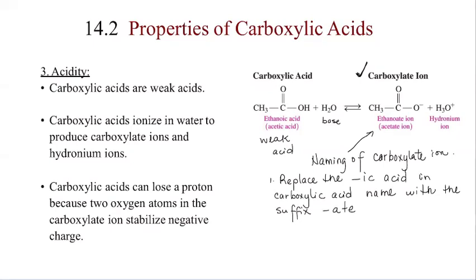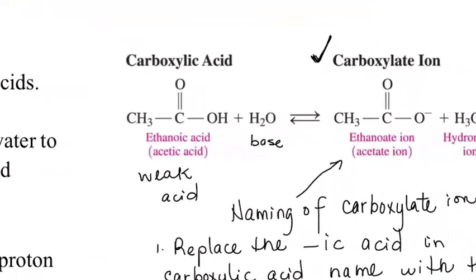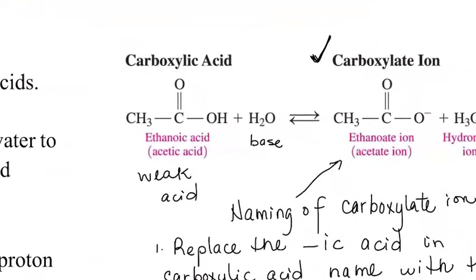So when we look closely here, we have ethanoic acid. The carboxylate ion that comes from ethanoic acid is called ethanoate, because again, we remove the "ic acid" and we put "ate" at the end of it.